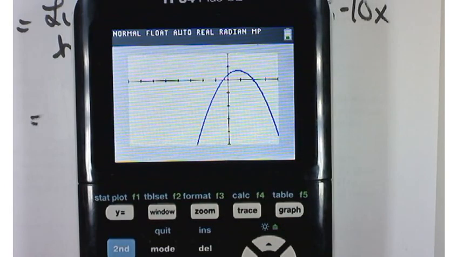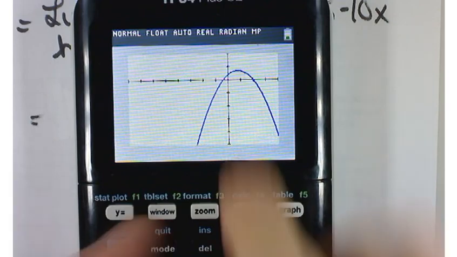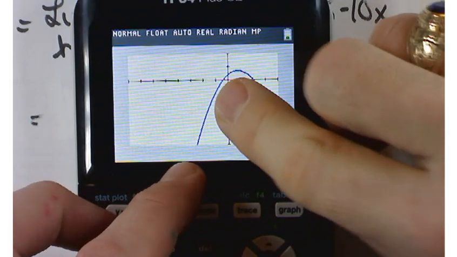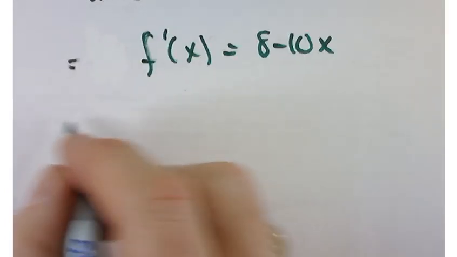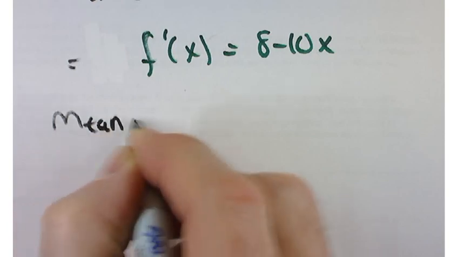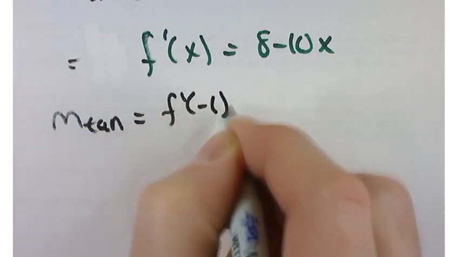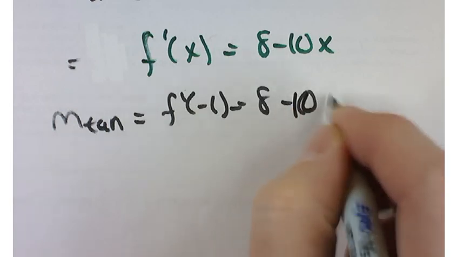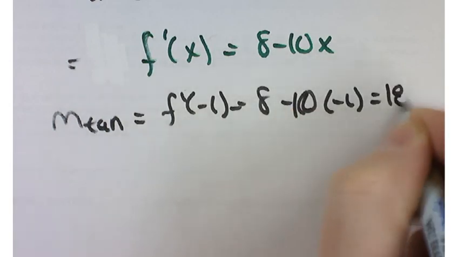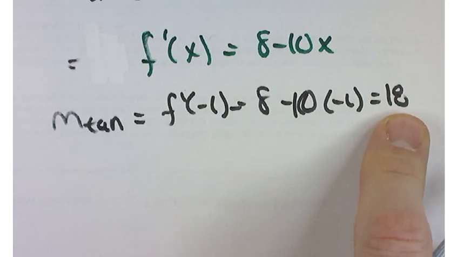Is it going to be positive or negative? Should be positive, right? So if we pick, say, for instance, -1, if I wanted the slope of the tangent line at -1, it would be f prime of -1. It would be 8 minus 10 times -1 gives me 18. Okay, it's positive, just like we expected.